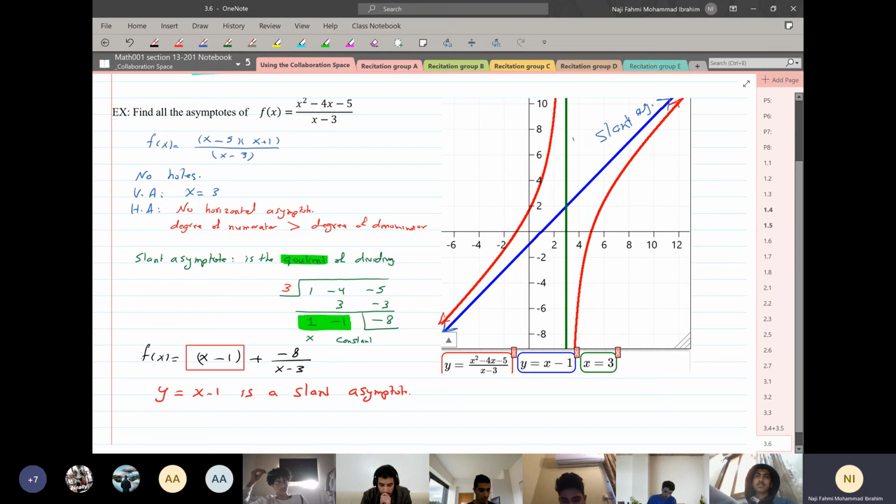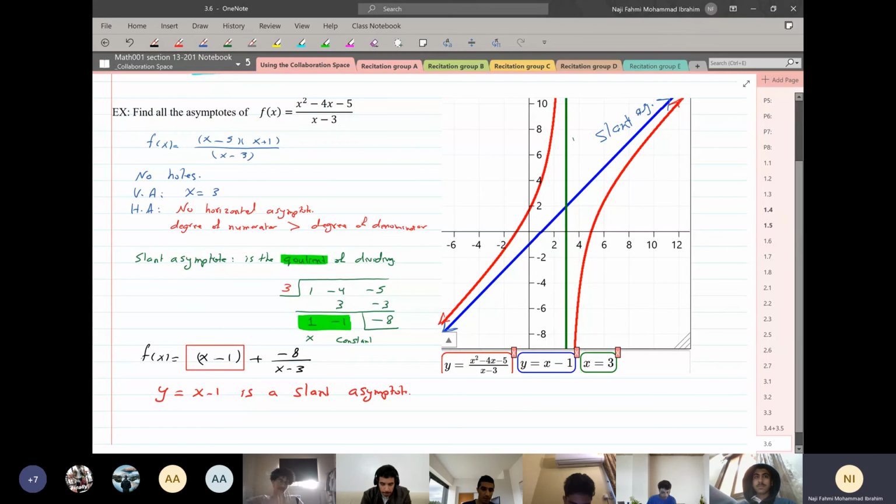In general, the quotient of the division is the asymptote. So if you have degree 4 over degree 2, if you divide, the quotient is always an asymptote. But that quotient right now is of degree 2. So the asymptote can be of degree 2 or degree 3. But slant means it's of degree 1.